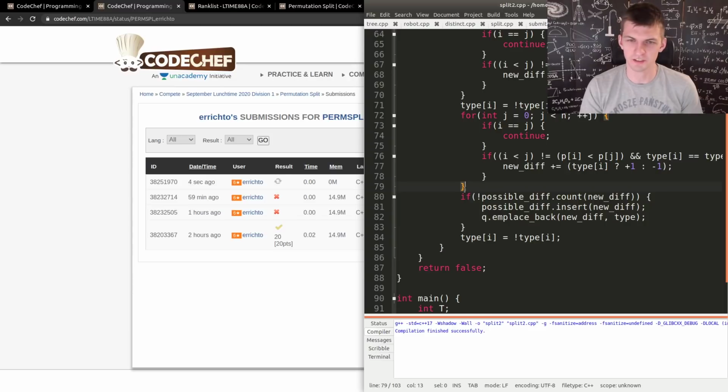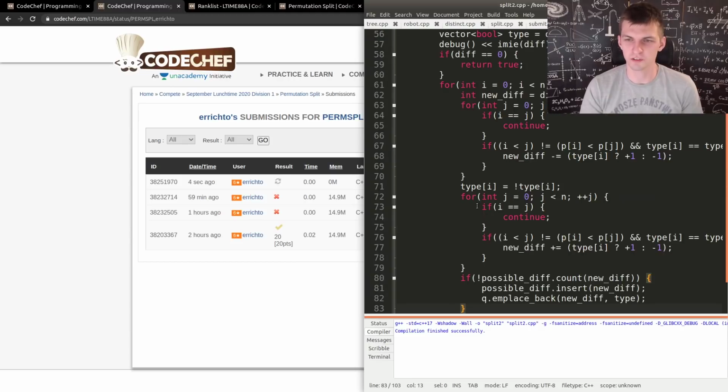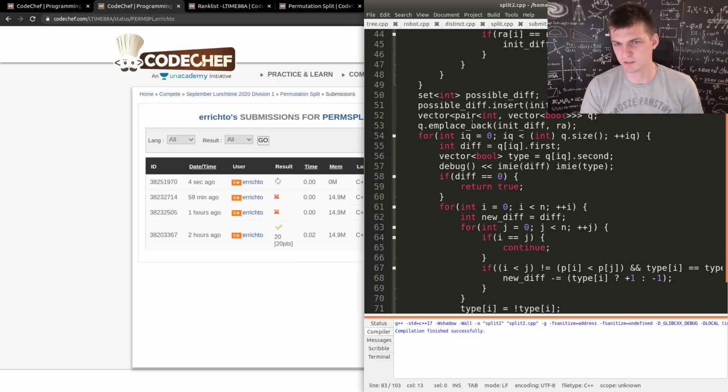Maybe for big N there is a bigger probability that this will work. So maybe even if I get wrong answer on this, it makes sense to say if N small then brute force, if N big then try this 5 times.